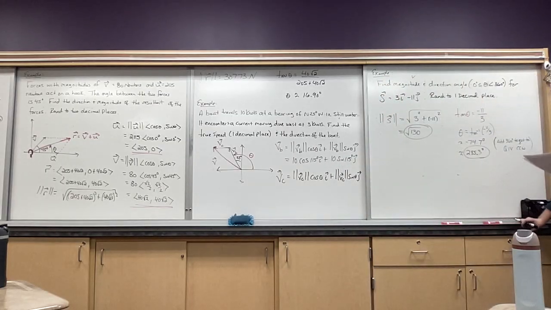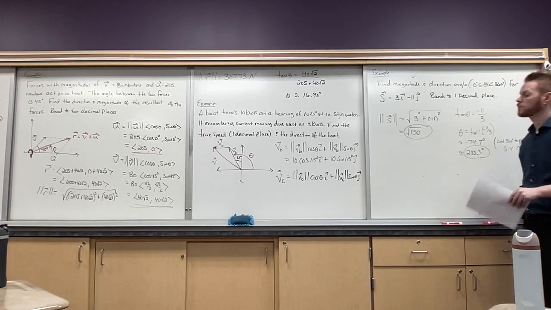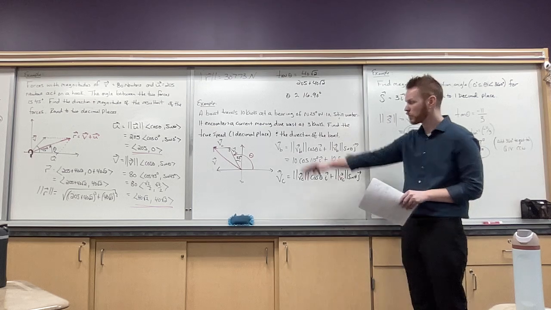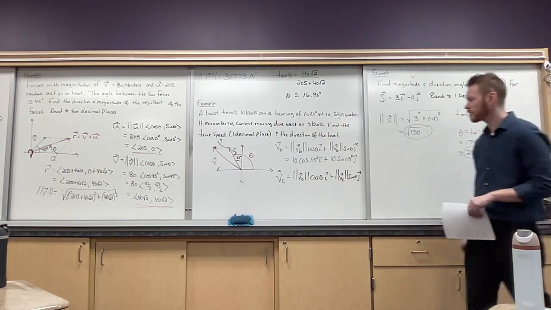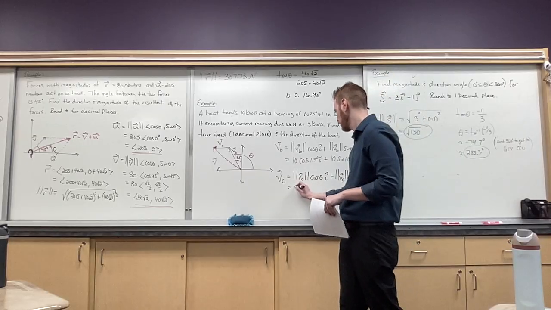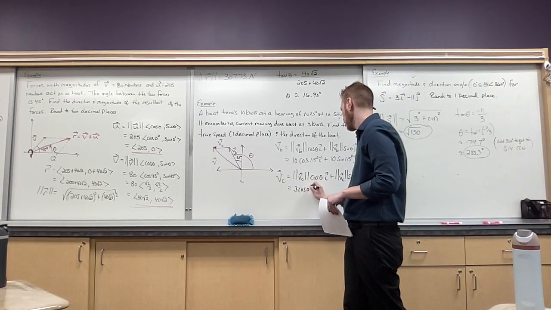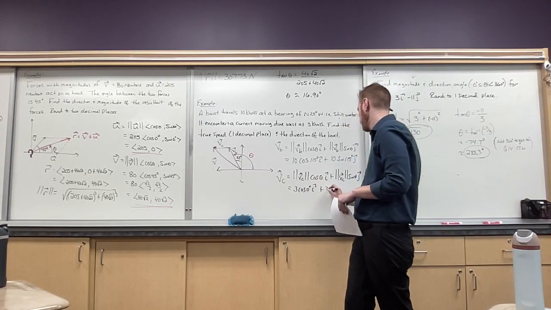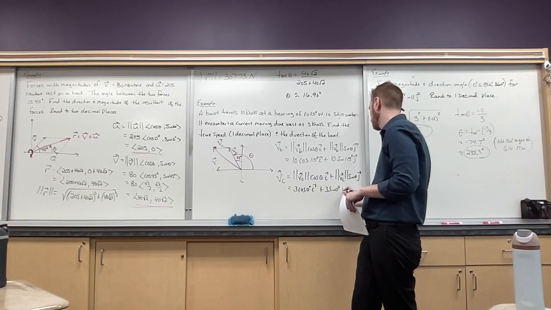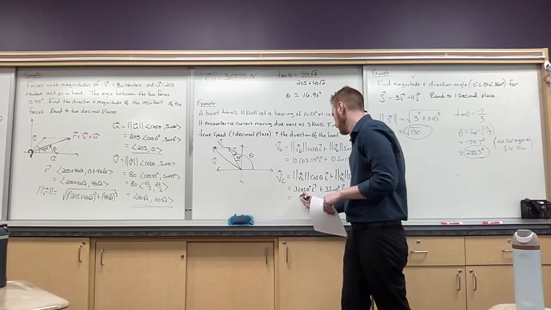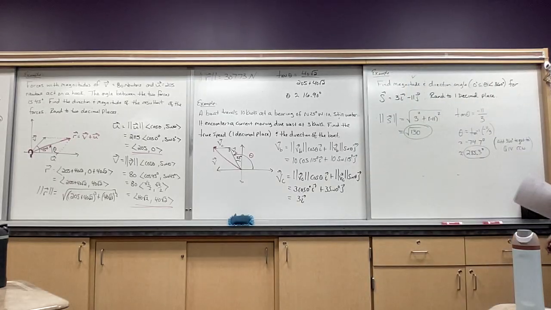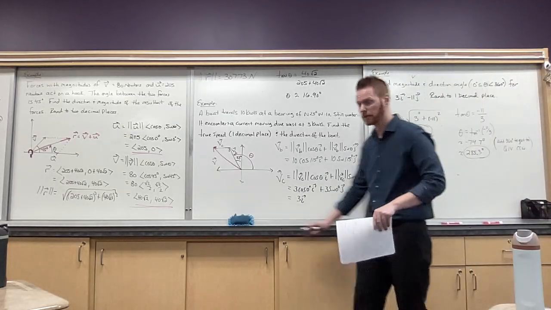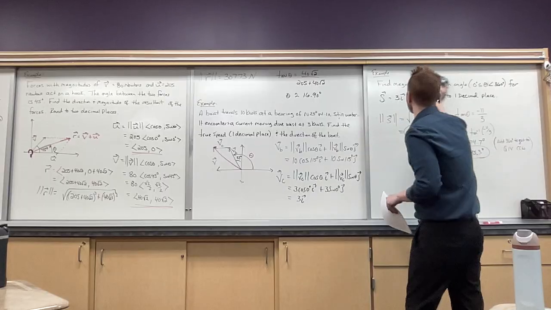So look at the angle. If it's horizontal, that's 0 degrees. So if we're doing 3 units times cosine of 0, and then 3 times sine of 0, well, you just get 3. So that was easy, because again, it's a horizontal vector.